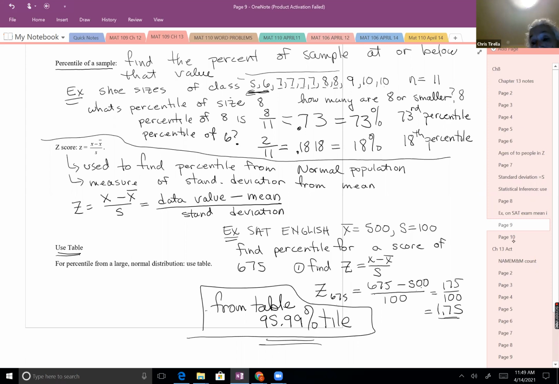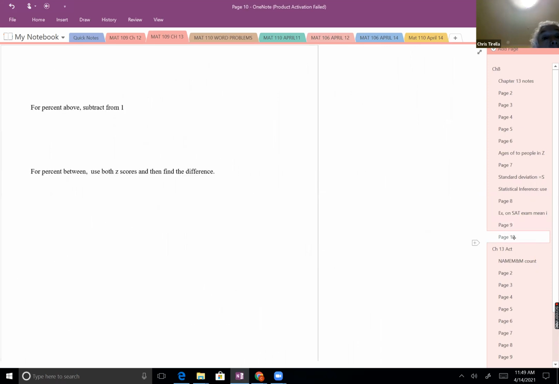So that gives me the percent below. If I want to find the percent above the score, so we had the z-score for 675. I'm sorry, why do I keep saying 650 when we chose 675? So that 675 was at the 95.99 percentile.